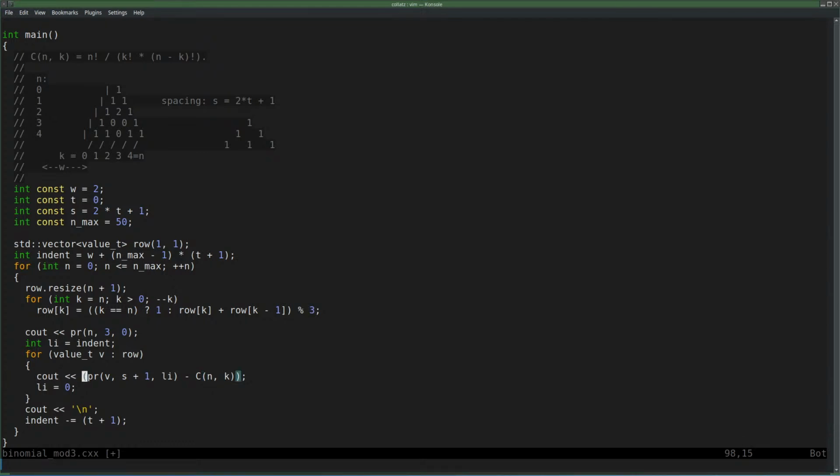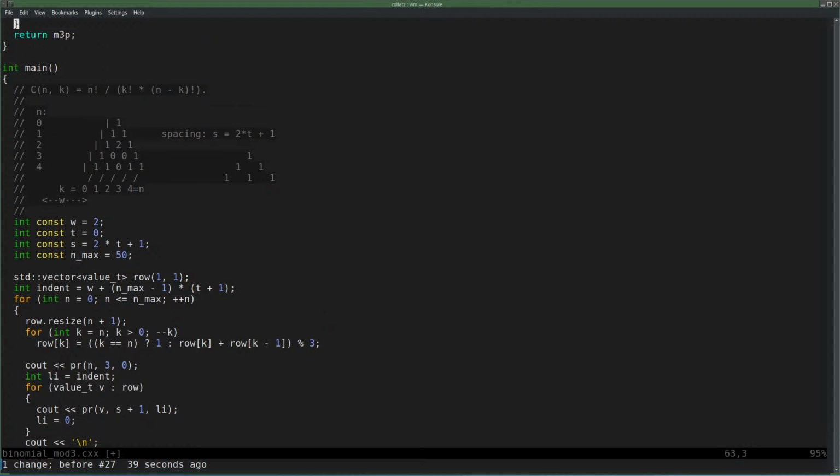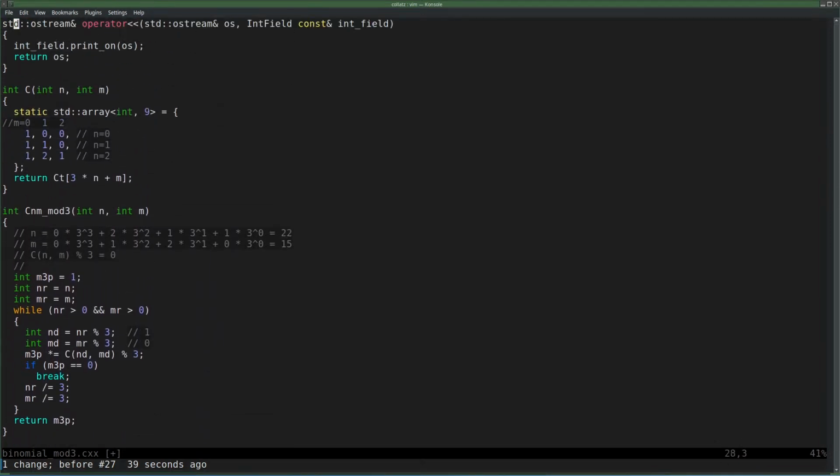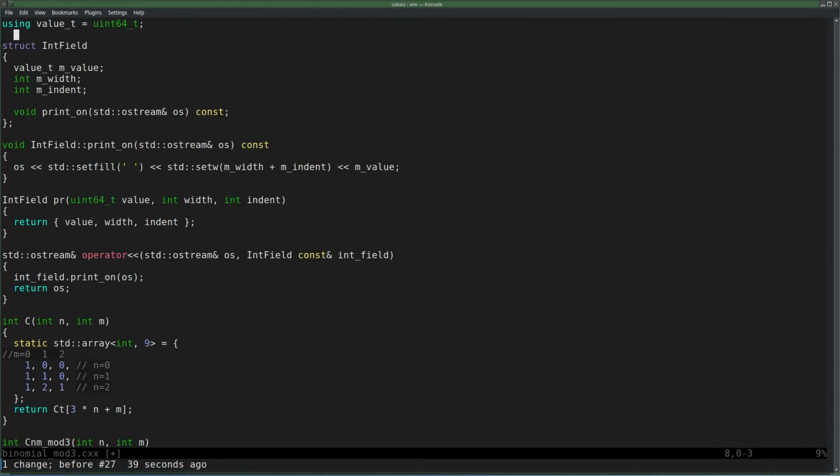C returns an int and PR returns no int. Oops, wait, that's not working. No, PR is a function that returns some struct. Returns an int field.